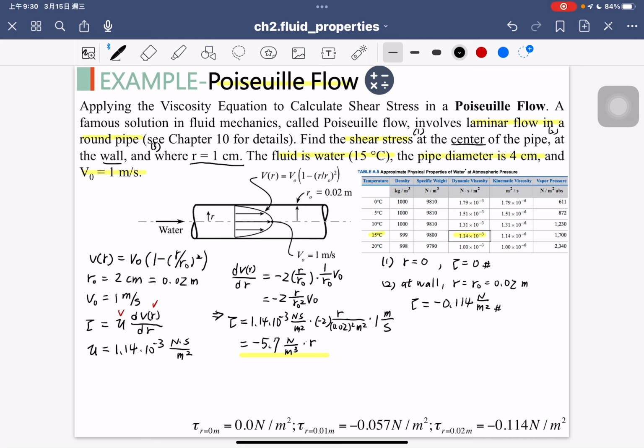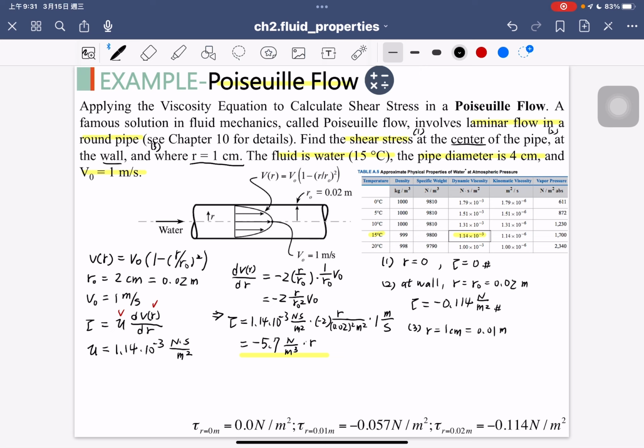Okay, so this is the condition for when the radius is equal to 0.02 meter. And then for the final one, we want to calculate the position at R equal to 1 centimeter, and that will equal 0.01 meter.